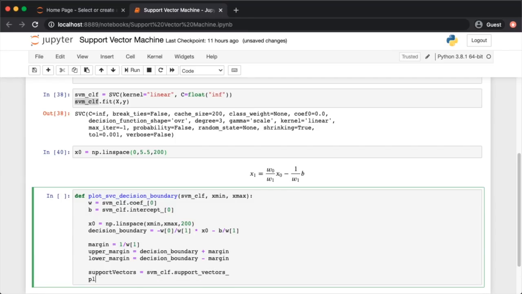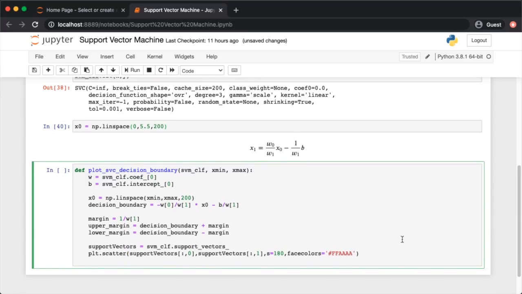Let's plot a scatter plot containing the support vectors, first component versus the second component, and let's specify some fancy face colors by entering the following hexadecimal color code.